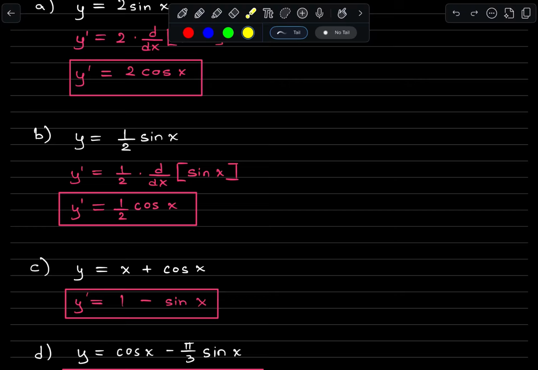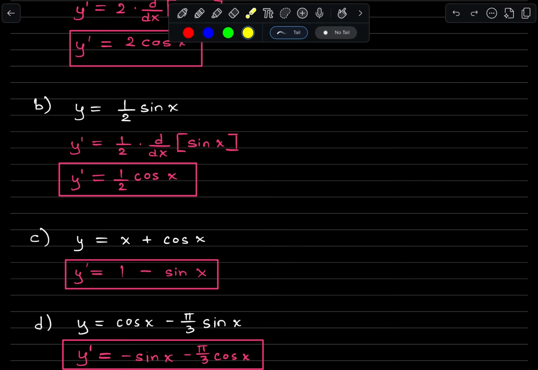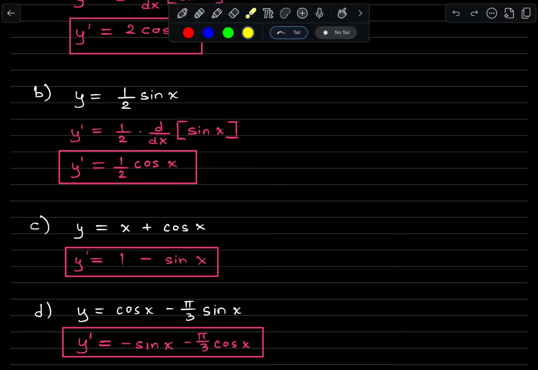For the second part, treat this constant as something that comes outside of the derivative, and the derivative of sine of x should just be cosine x. Okay? So that cosine becomes a negative sine x. That negative you can just keep with that pi over 3. Derivative of sine x is just cosine x. Okay, so these are just derivatives of sine and cosine, and they're pretty straightforward.